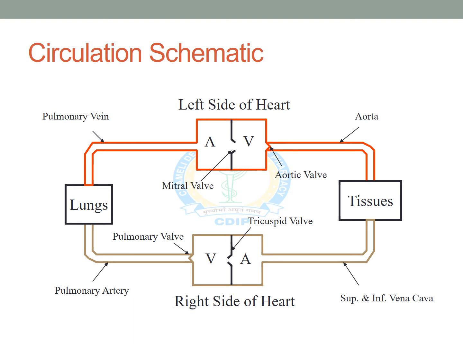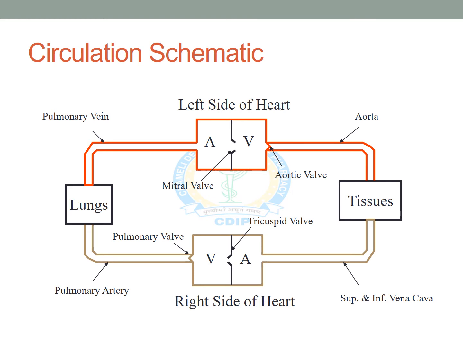distributed to all the tissues in the body, and there the exchange of oxygen and carbon dioxide takes place in the blood, and this whole blood becomes deoxygenated. The superior and inferior vena cava collect the deoxygenated blood and drain it into the right atrium, and from the atrium it enters the right ventricle through the tricuspid valve.